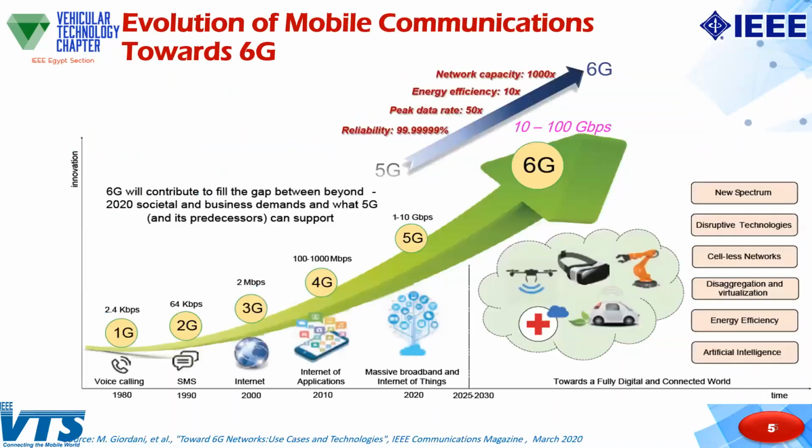Okay, the evolution of mobile communication, as you see in this figure, according to this roadmap or timeline, we have to go from the first generation up to the sixth generation. The sixth generation, as you see in this item, let me use our laser pointer. We have network capacity that will be 1,000 times the fifth generation.